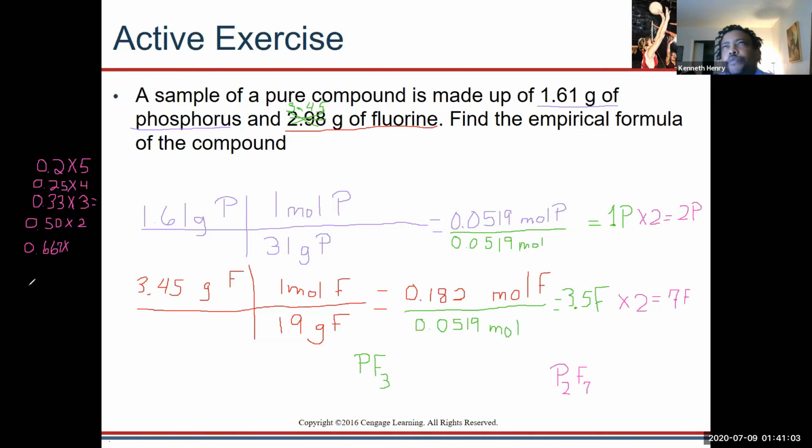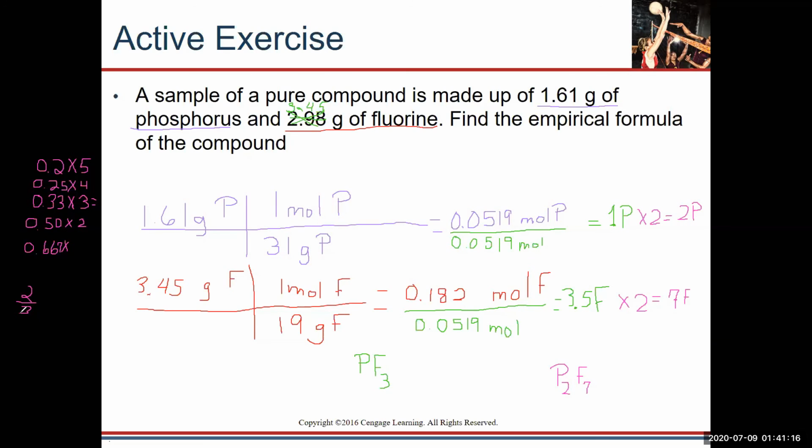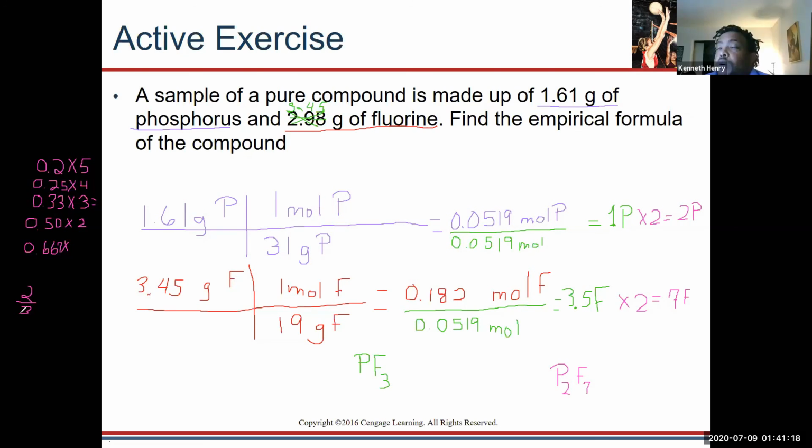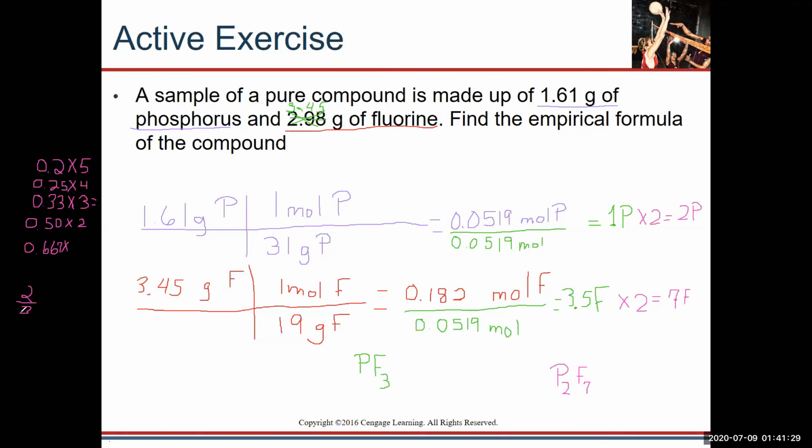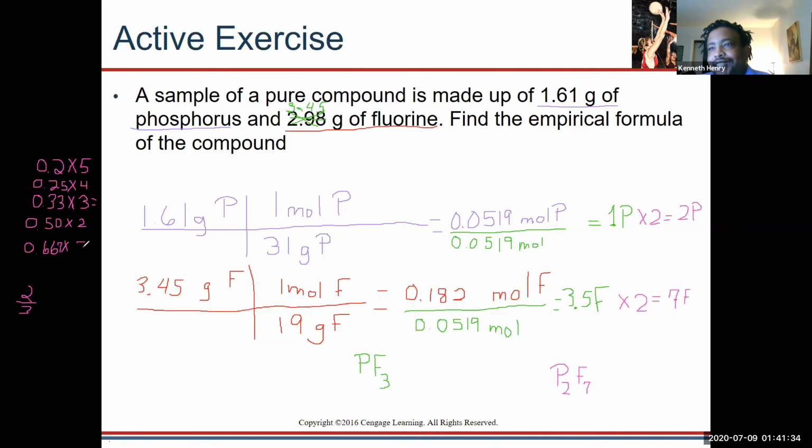So what is 2/3? 2 divided by 3 is going to be what? 0.666667. So if I multiply 2/3 times 3, what do I get? I get 2. So if I multiply this guy by 3, that's going to give me a whole number, right? Yep, it's going to give you 2.